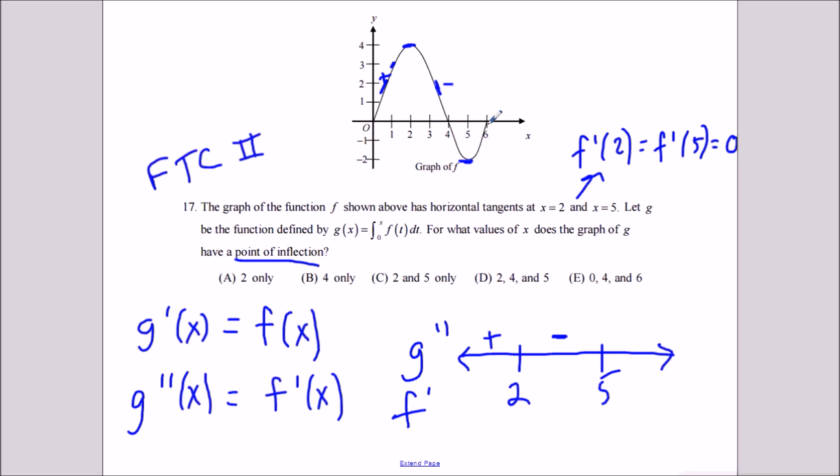And then from 5 to 6, we notice that the slope goes positive again. So f prime is positive, and since f prime and g double prime are equal, we can label the g double prime sign chart positive as well. So there are two sign changes, and they occur at x equals 2 and x equals 5. So the answer to 17 is going to be choice C.